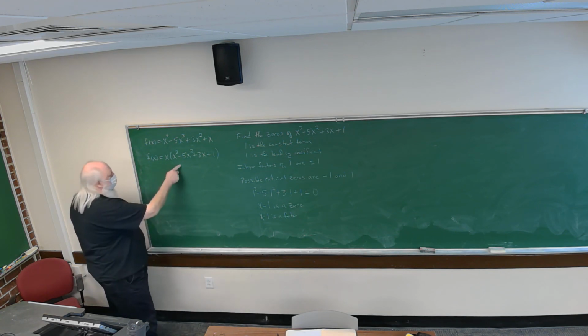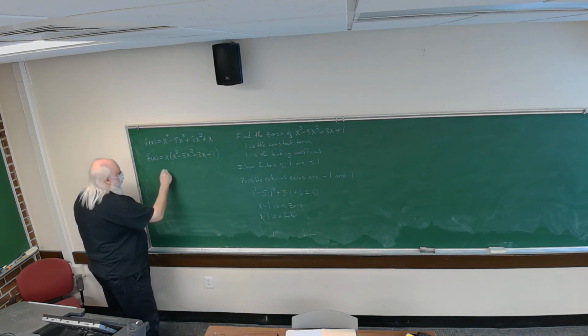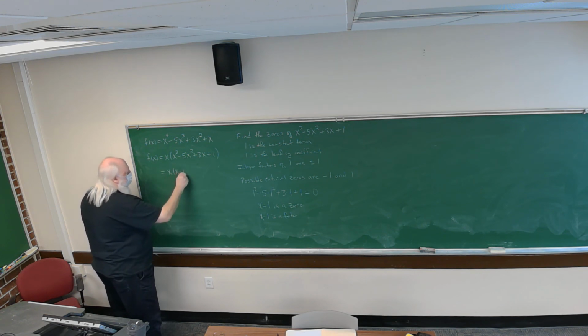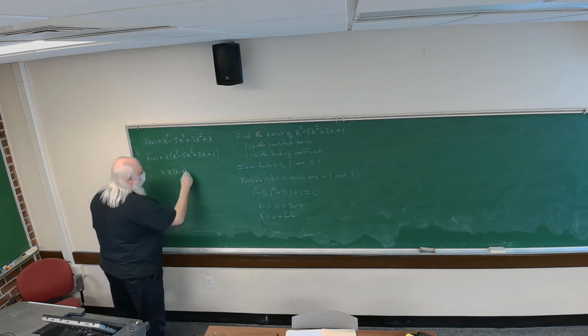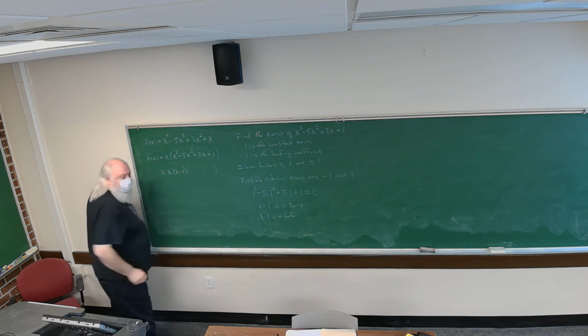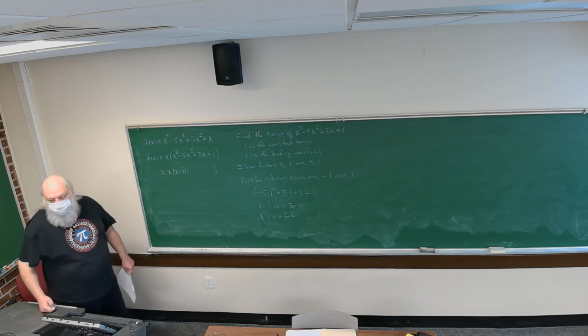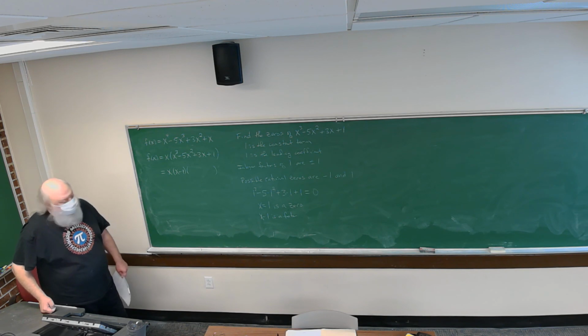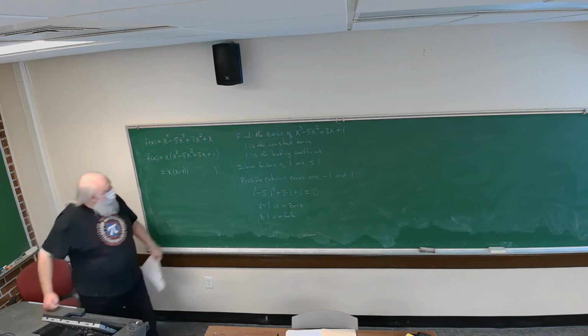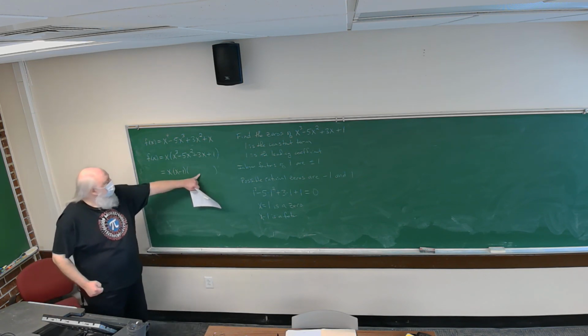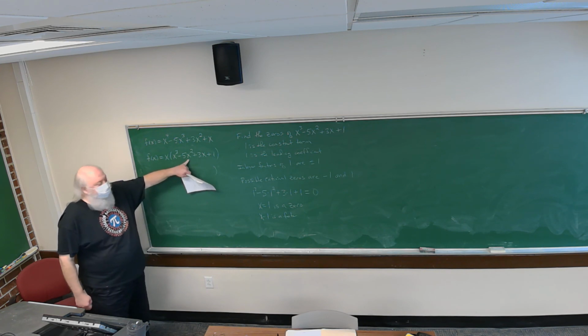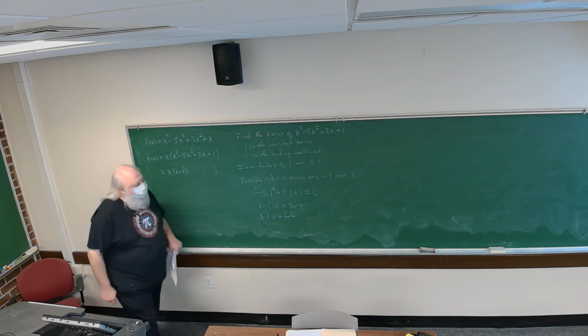So over here, we can write this on the right hand side as x times x minus 1 times some unknown quadratic, second degree polynomial. To find that quadratic, we're going to divide our third degree polynomial by x minus 1 using synthetic division.